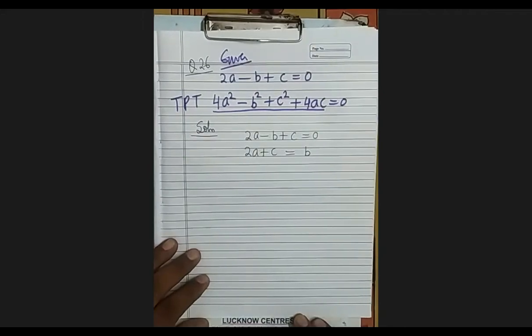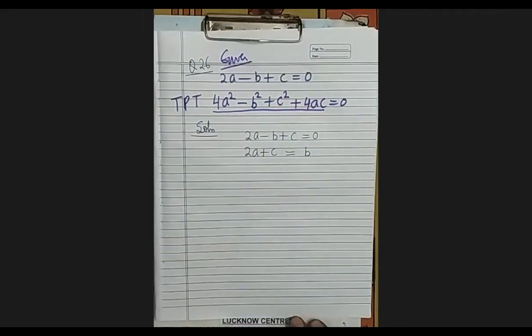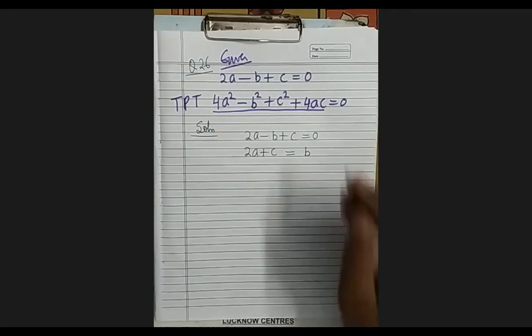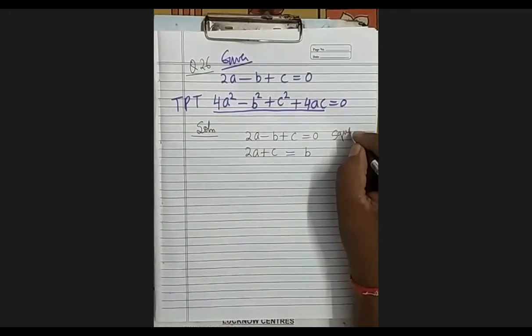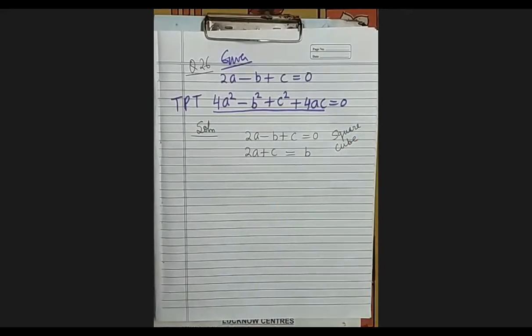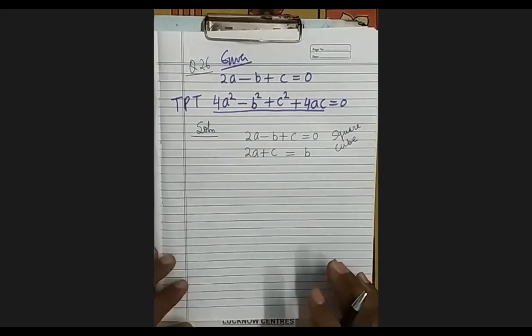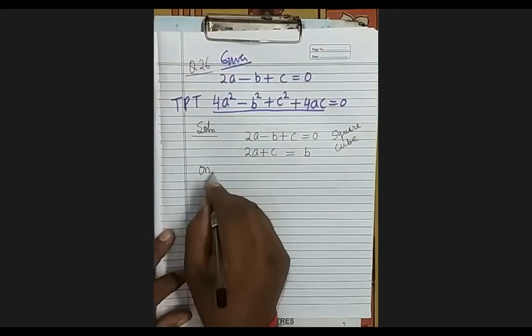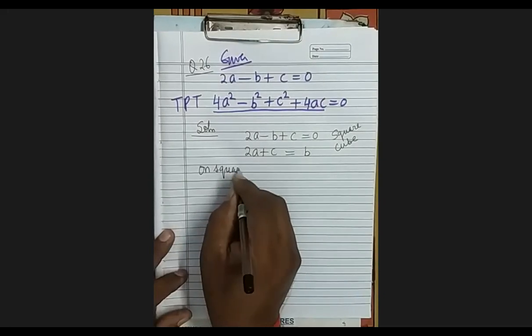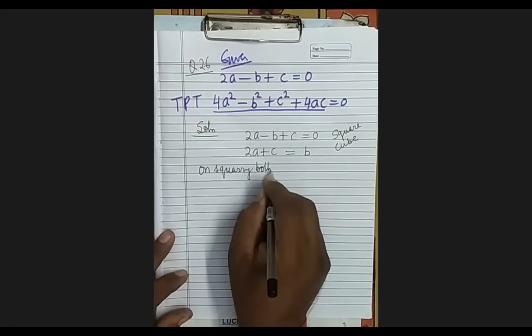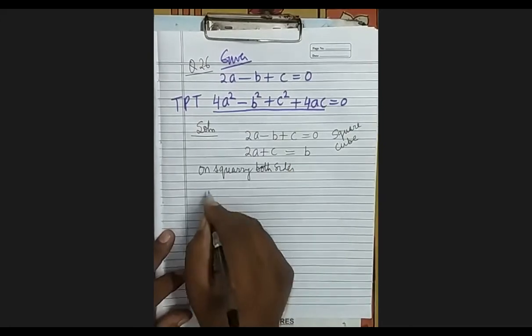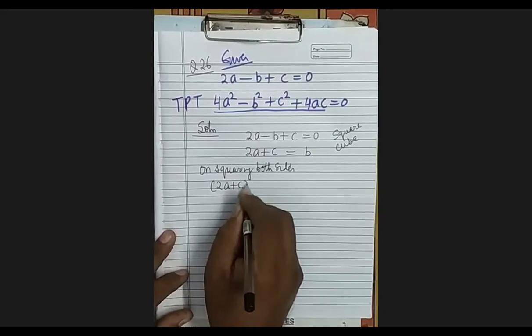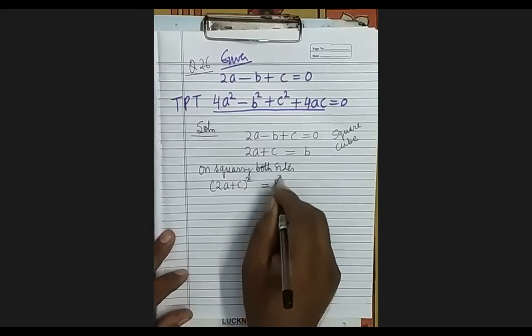Now what will you do? Will you do the square or the cube? What will you do? Answer me. So here we will do the square. On squaring both sides, that is (2a plus c) whole square equals b square.